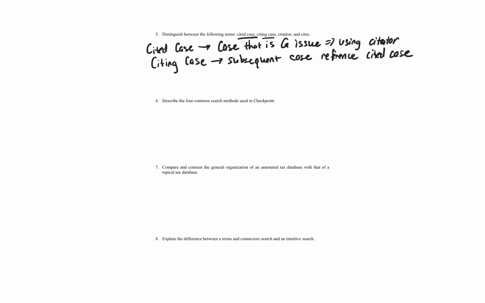The citation is the format that all these cases take, mainly the cited case, that's the one we're following, but also the citing cases. And then cites basically refers to when one case refers to another case.